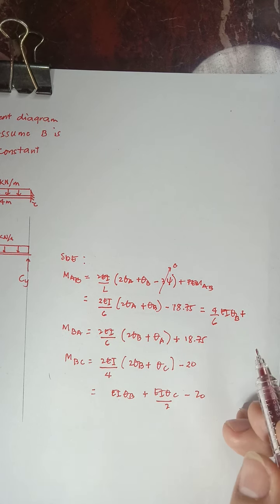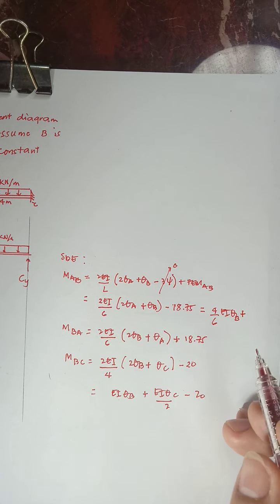Okay. So the next step is to determine the joint condition. Kung unsa ang mga conditions sa joints or supports, no? Okay. At joint A, that is a fixed support. Kung fixed ang support, na ba na siya slope?